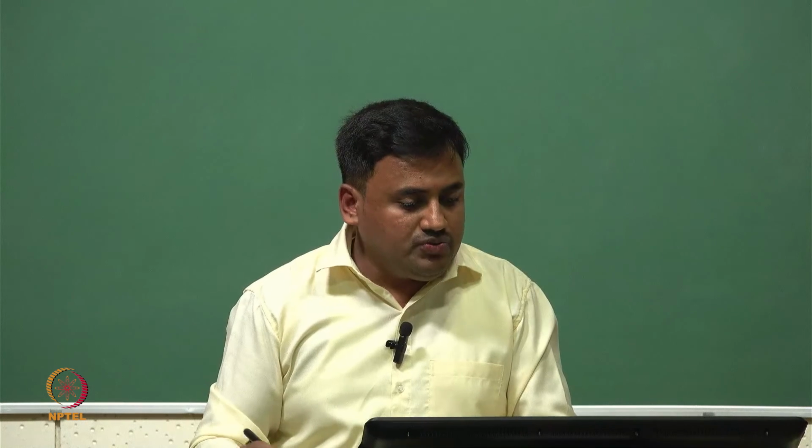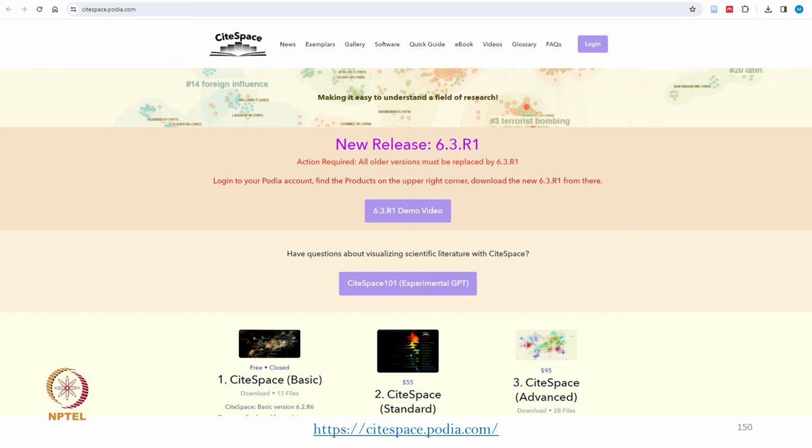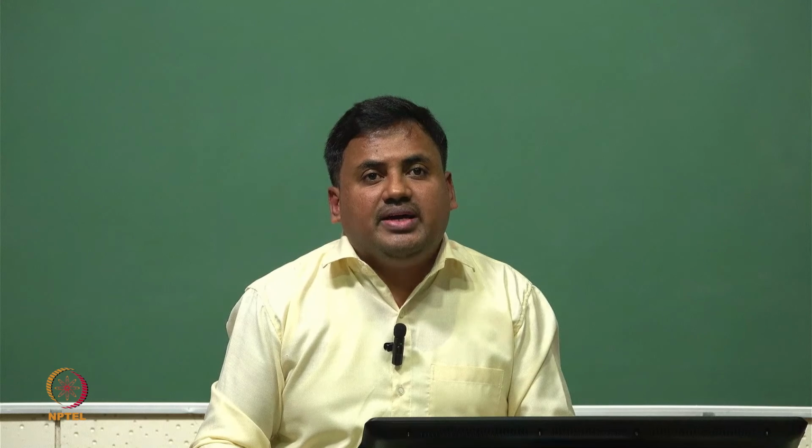Another tool for scientific research analysis is CiteSpace. This is another freely available Java-based application for visualizing and analyzing trends and patterns in the scientific literature. CiteSpace supports structural and temporal analysis of a variety of networks derived from scientific publications, including collaboration networks, co-author networks, citation networks, and document co-citation networks.